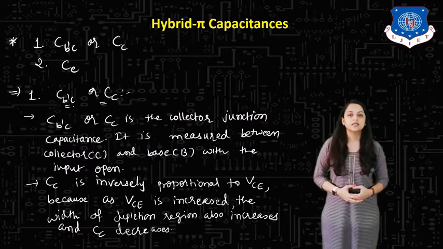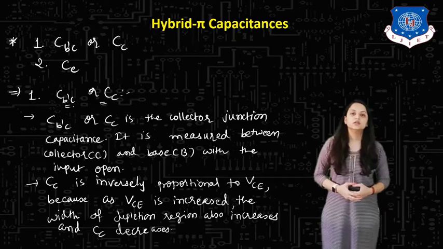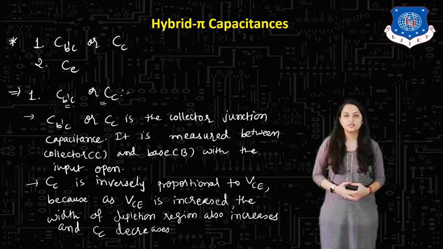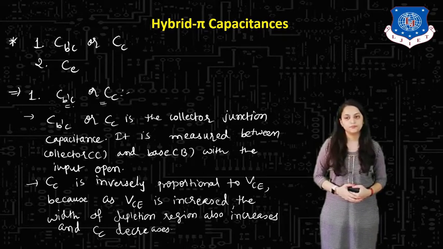So first of all, let us see hybrid pi capacitances. We have seen the hybrid pi transistor model for CE configuration in the previous sessions. There are two capacitances in that model, CB'C or CC, that is the collector capacitance, and the second one is the emitter capacitance.